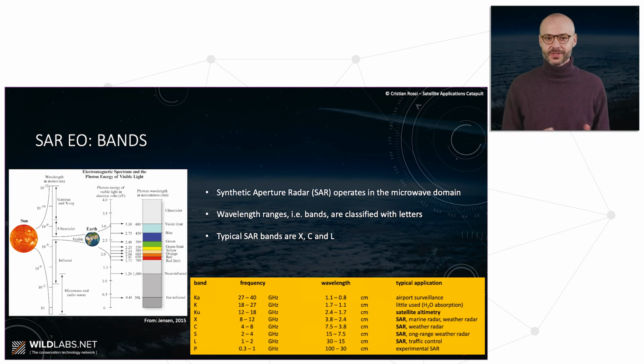The name is its own letter, and you see in this table the different naming. The most used bands in synthetic aperture radar are the X band, C band, and L band. They operate at different frequencies, and while X band has a shorter wavelength, L band has a slightly larger wavelength. We are talking in this case of centimeter wavelengths, which is obviously much larger than what we described before for optical data.